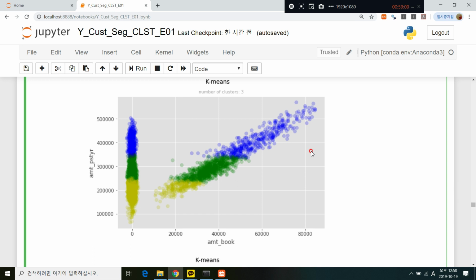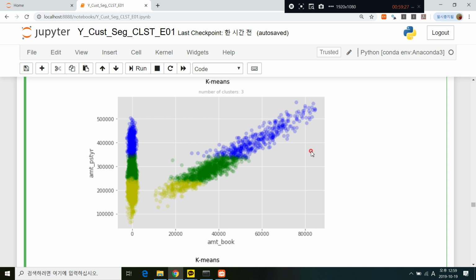I think that maybe amount past year has a big scale, and that is why it has a big impact on the multi-dimensional clustering results.